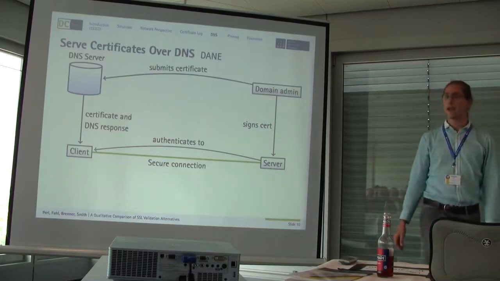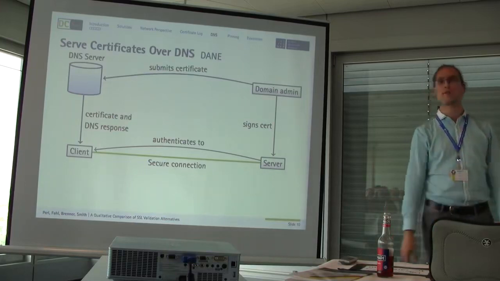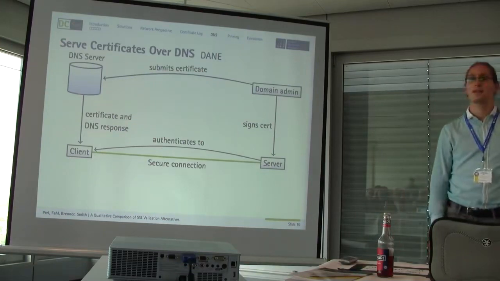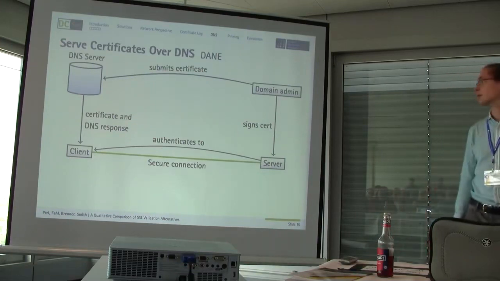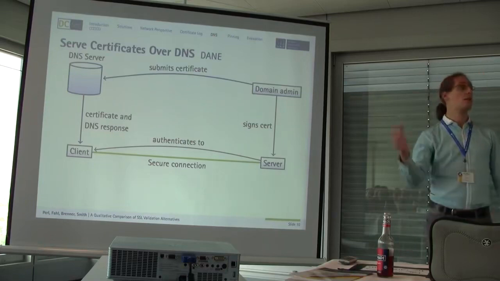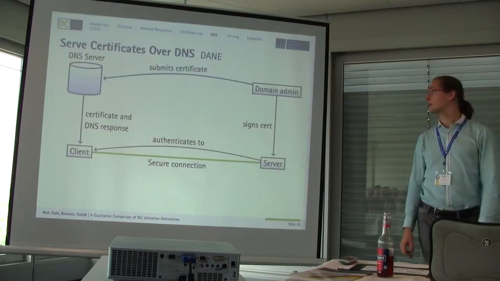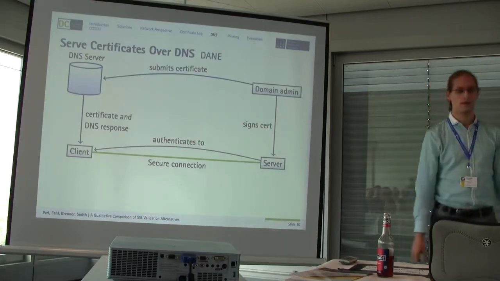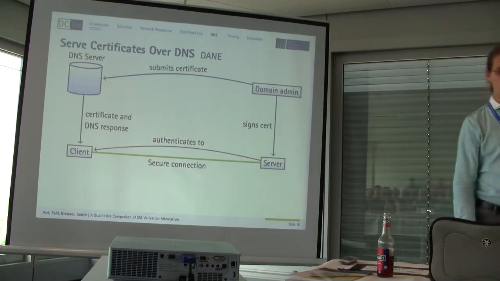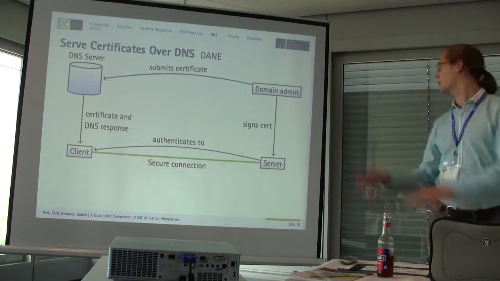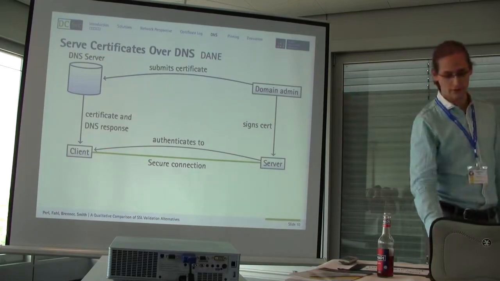And then the signed certificate is embedded directly in the DNS record. And when the client queries the DNS server, it'll get the certificate along with the DNS response, which sounds really nice, really elegant. I mean, we have almost all of that infrastructure.